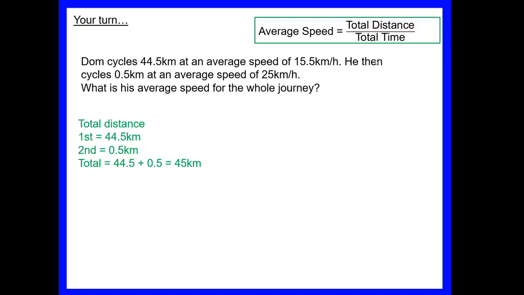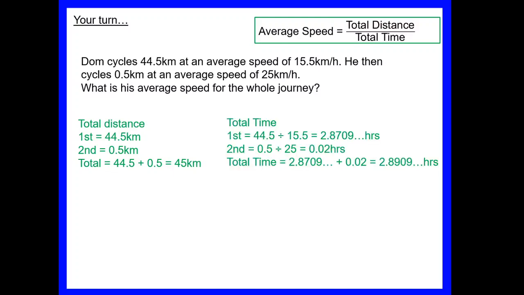We now need his total time. We've not been given the time for either part of the journey, so we're going to have to work out the time for each part. Time is distance divided by speed. For the first part of the journey, 44.5 kilometres divided by 15.5 kilometres per hour gives us 2.8709... hours.